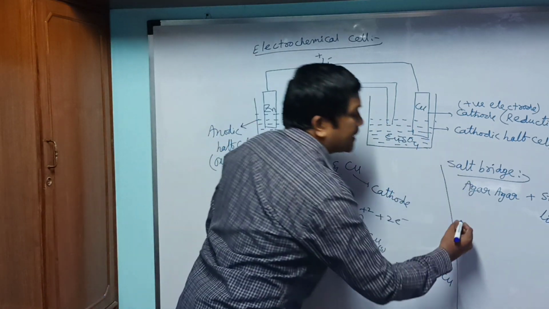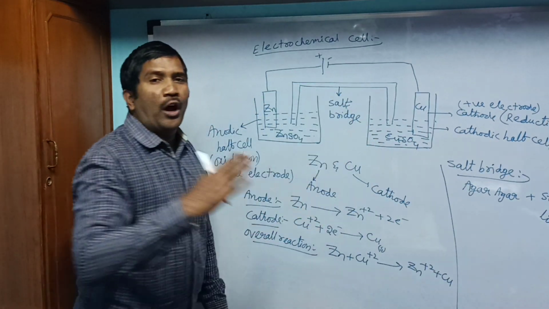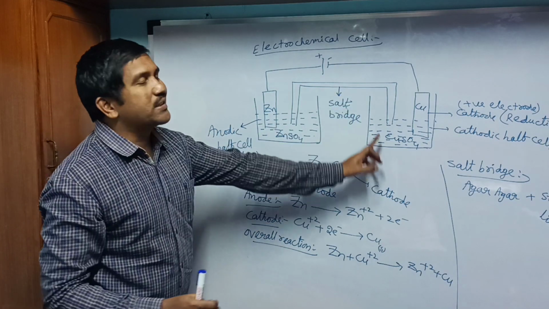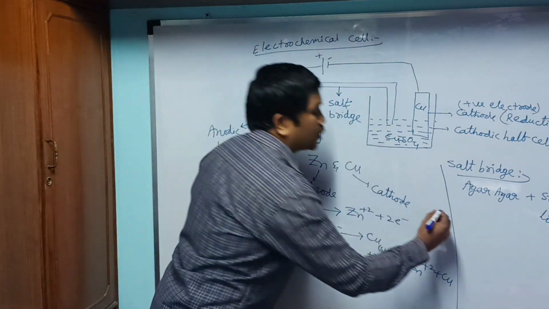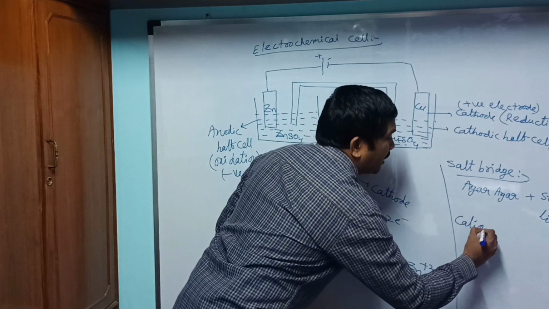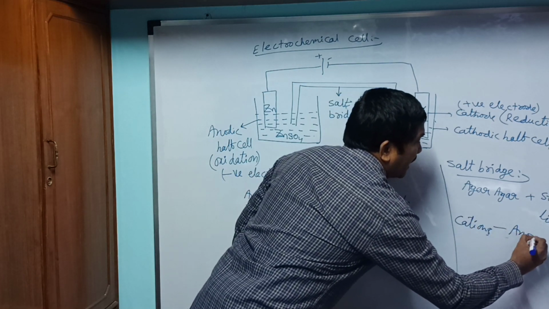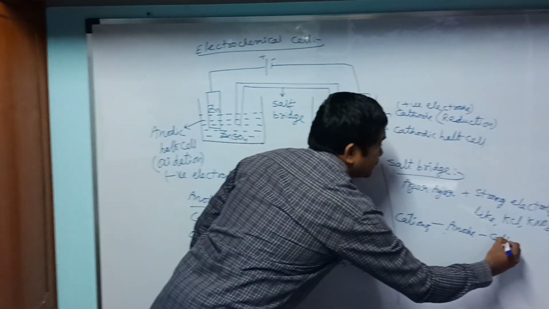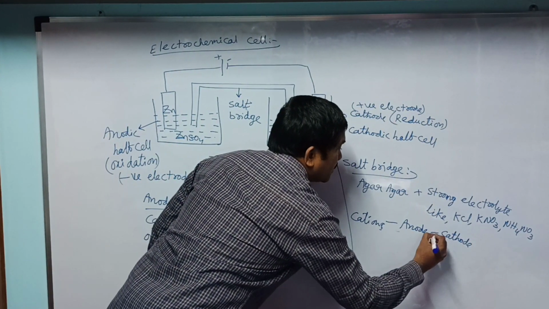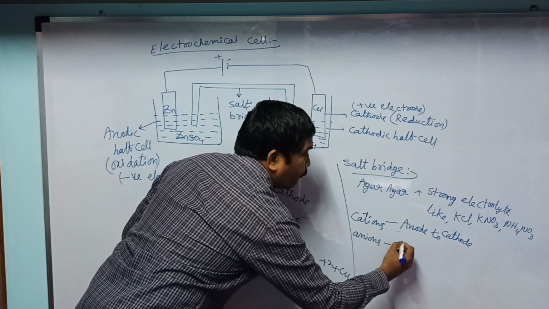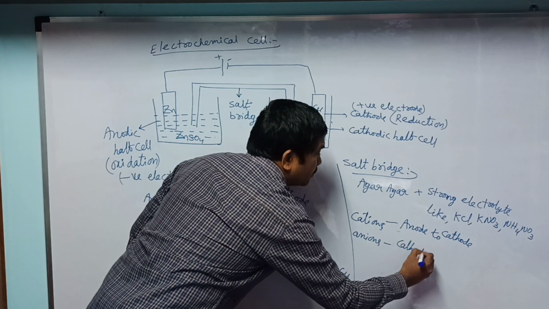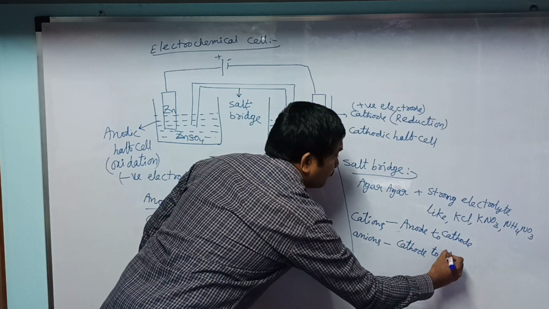That means in the salt bridge, ions flow from one electrode to the other: cations from anode to cathode, and anions from cathode to anode.